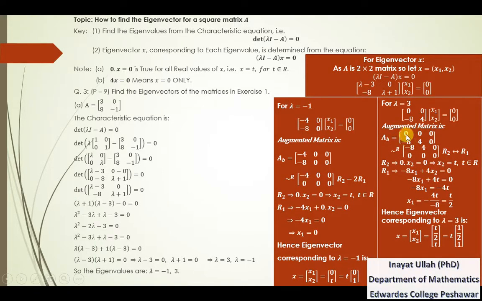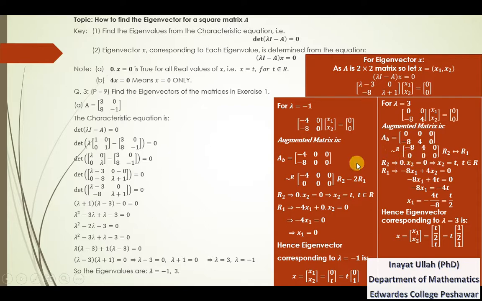So we see that upstairs is 0. This may not be equal to 0. Interchanging these two rows, we will get this matrix, and we see that this matrix is already in upper triangular form because this element is 0.